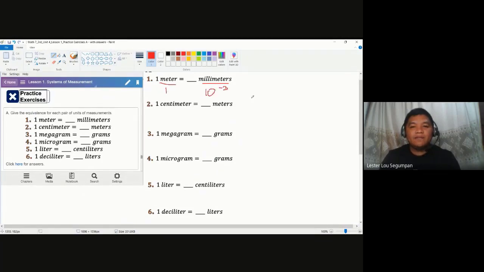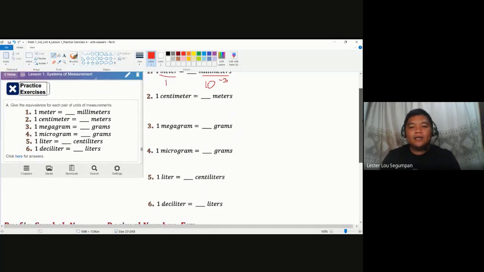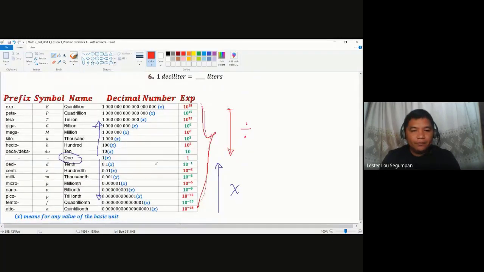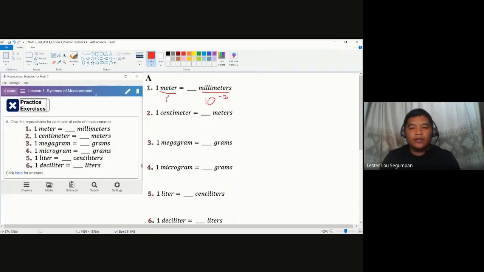To determine the number of millimeters in 1 meter, because meter has no prefix, we start here and we go to millimeters, so we are going to use division. We are going to divide the values here. So we'll have 1 over 10 to the power of negative 3. Using the law of negative exponents specifically, we can bring this up and we'll have 10 to the power of 3, making the exponent now positive.